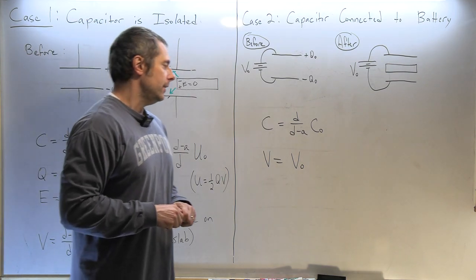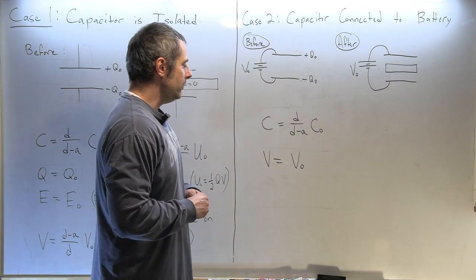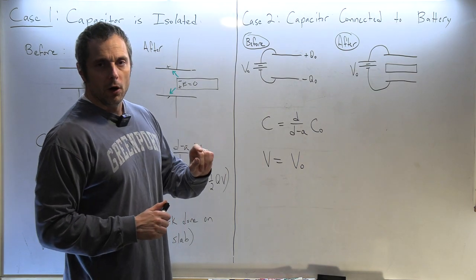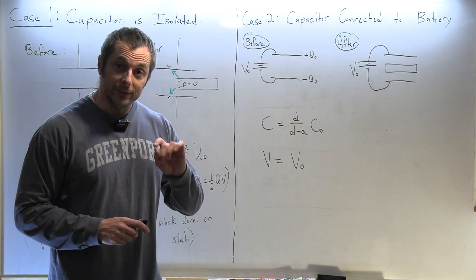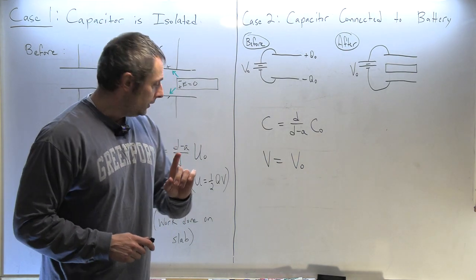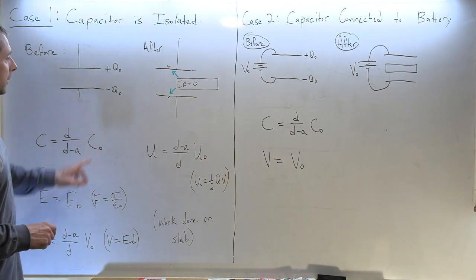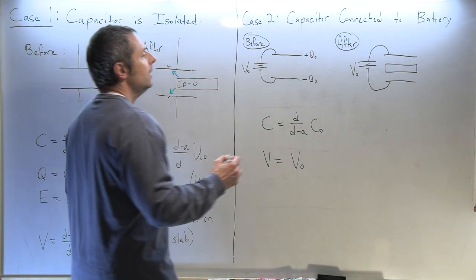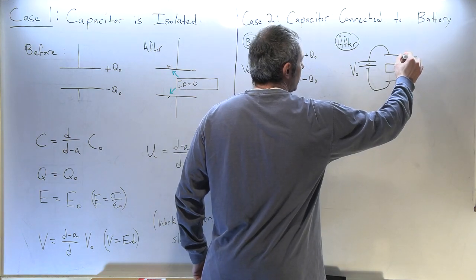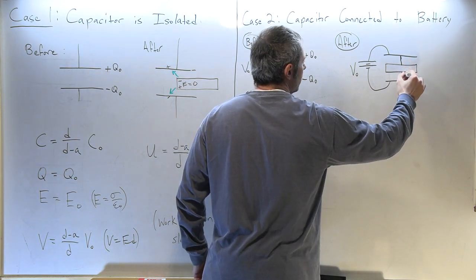Now, if the voltage remains the same, what we know now is that the electric field this time must increase. Here it stayed the same because the charge stayed the same, but here, remember, the voltage when you integrate is only from here to here, right?